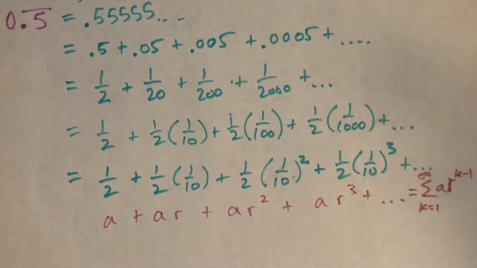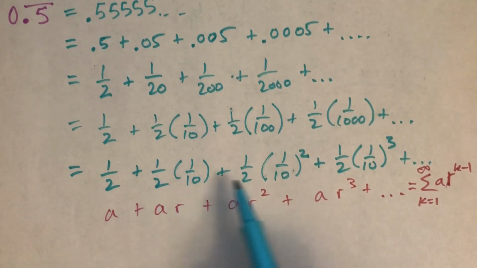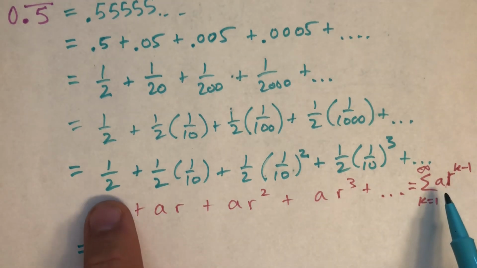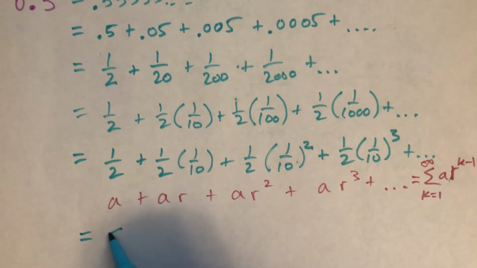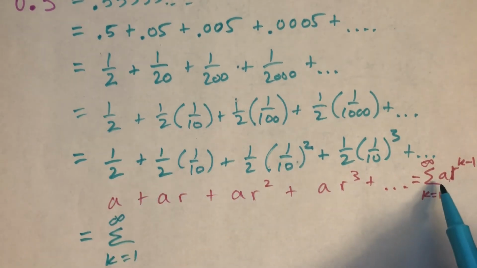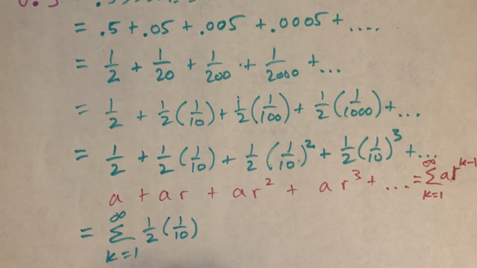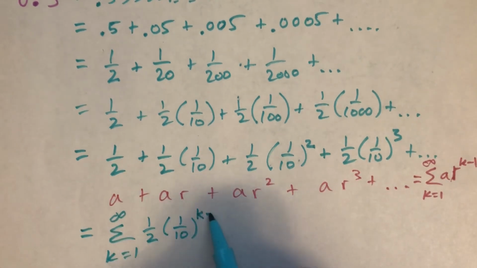So we can rewrite our series in blue. We said that a is 1/2, so we've got the sum from k equals 1 to infinity, where a is 1/2 and r is 1/10, to the k minus 1.